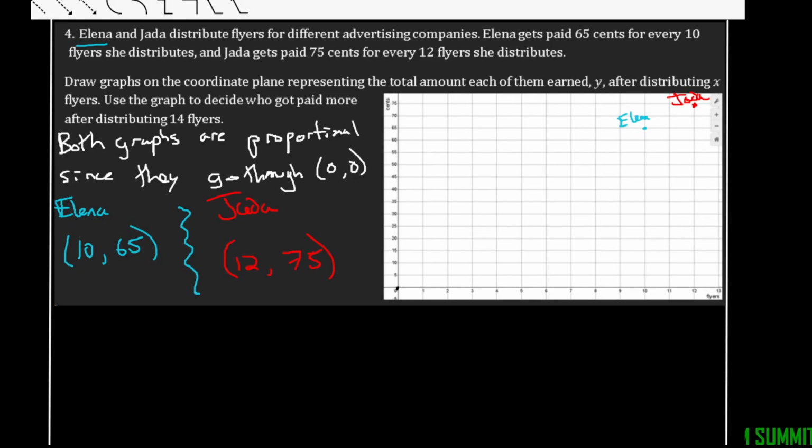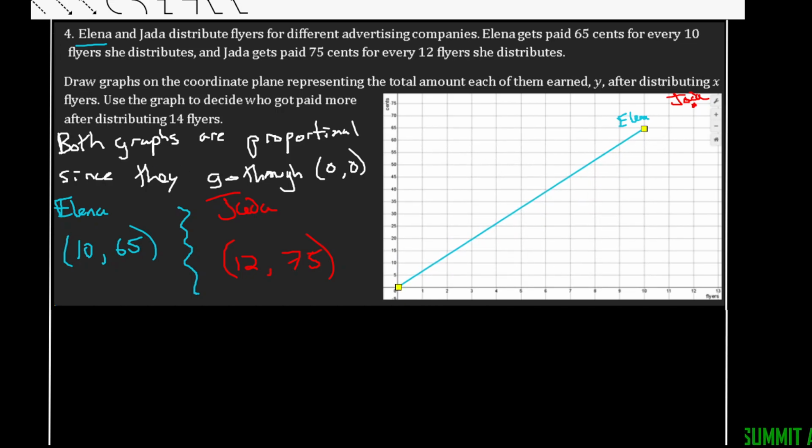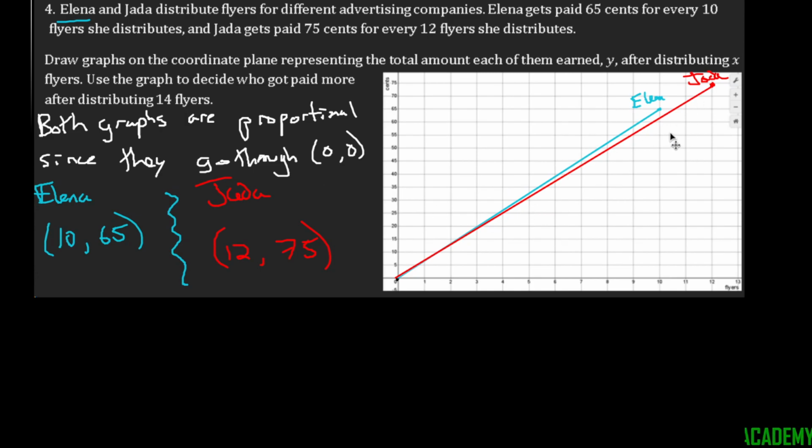Make sure you can graph your 2 lines. I'm going to go from the point 0, 0 the whole way to Elena's line. And then I can graph from 0, 0 to Jada's line of 12, 75. If you look at these two, we can notice one thing. We're trying to figure out how much they'll get paid. I can compare those slopes.